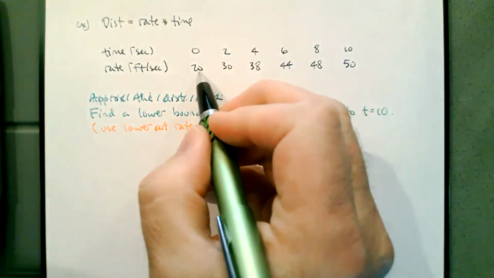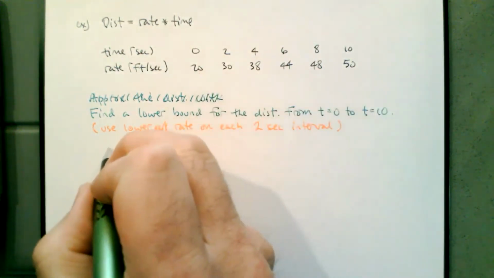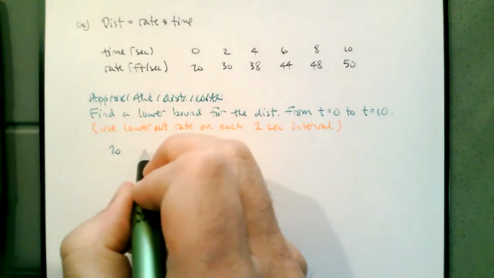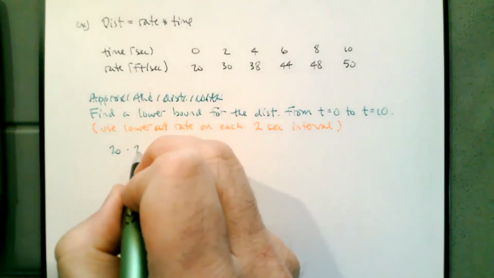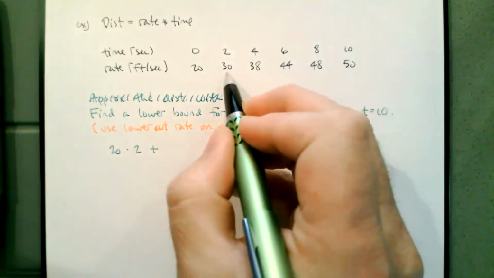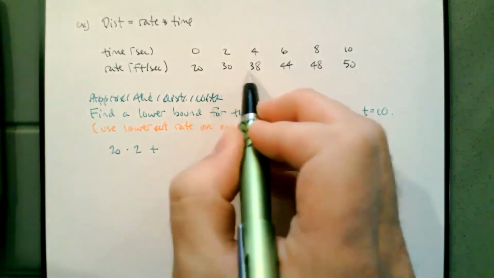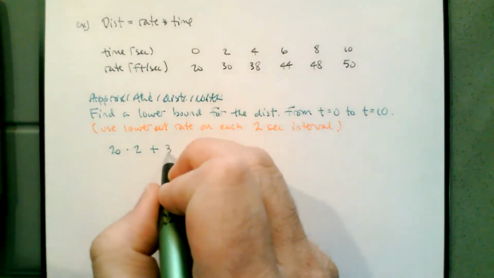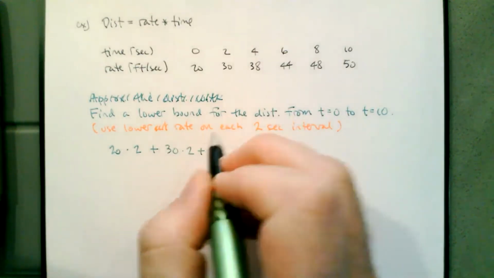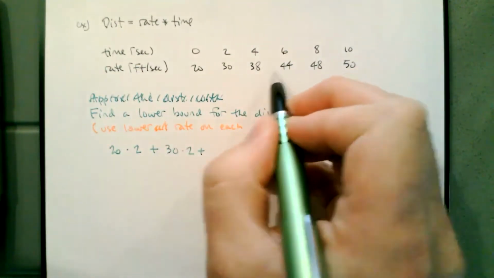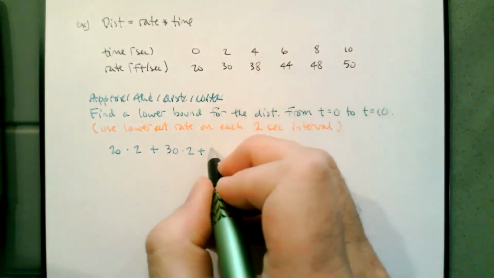So in the first 2 seconds, the lower is 20 feet per second, and I'll multiply that by the time 2. Then on the second interval, I have 30 and 38 between 2 and 4, so I'll use the lower one, 30. On the third interval, I have 38 and 44, so I'll use 38.